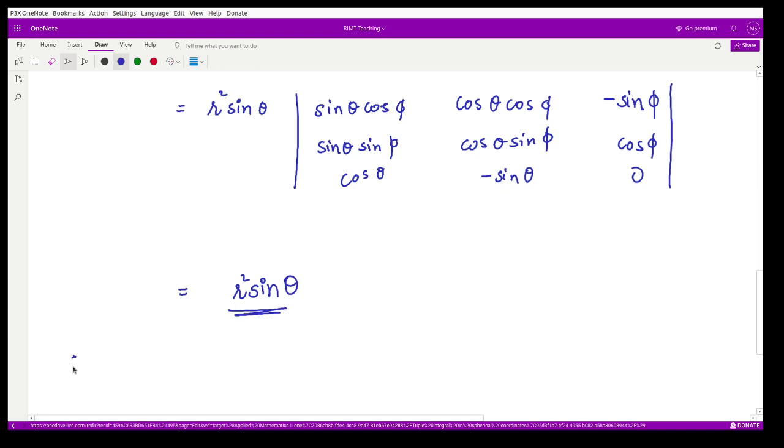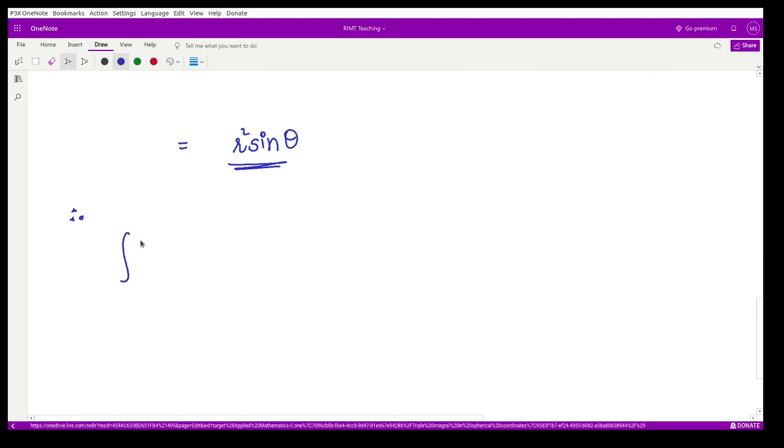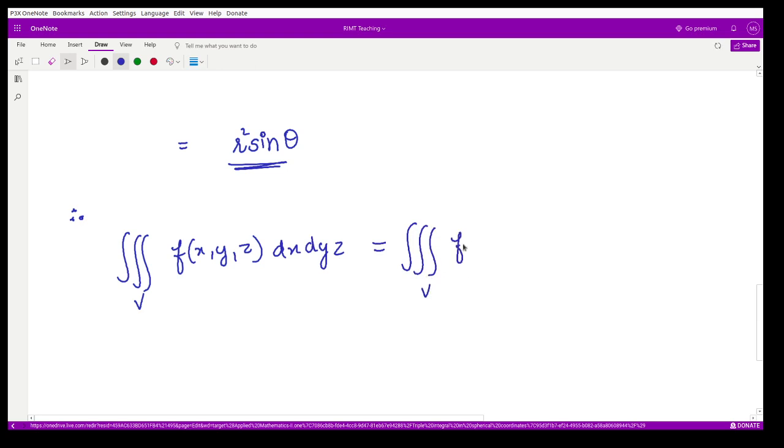Therefore, your triple integral of f of x, y, z over dx dy dz is now equal to the triple integral over the same region of the function. Instead of x, you will write r sin theta cos phi.